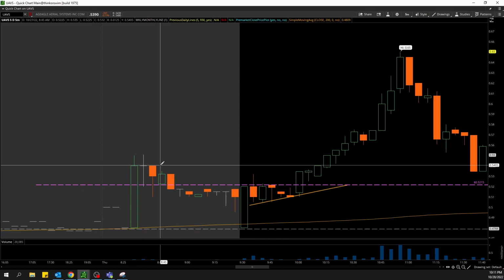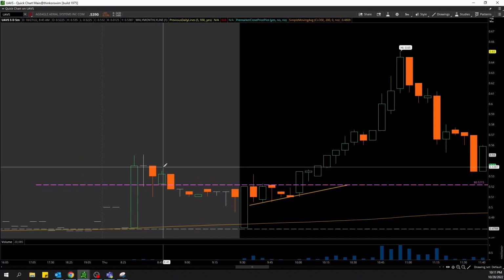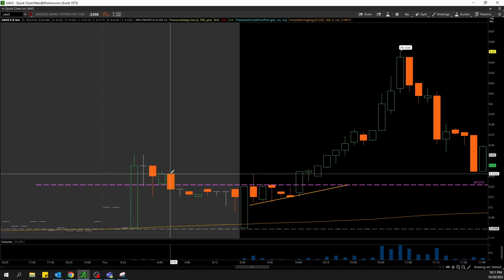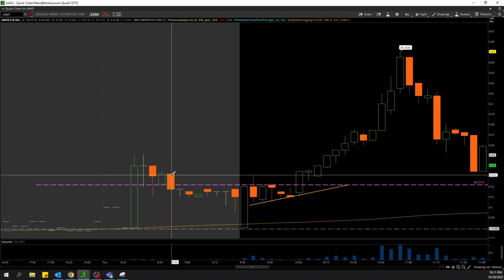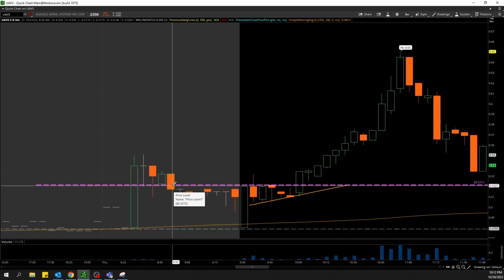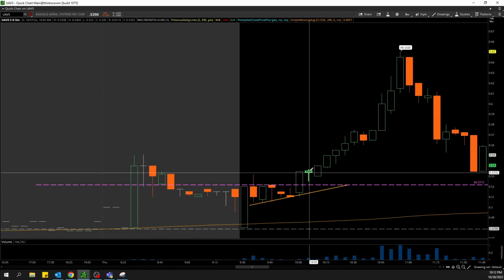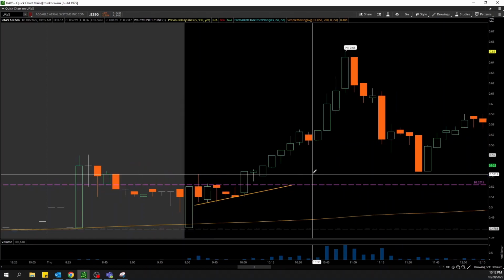So right here was a key area, right around 54, 53 cent. So I probably would have played it somewhere off of this 53 cent, risking to 52. So once it cleared it, I would have got in about 53, risking a cent.